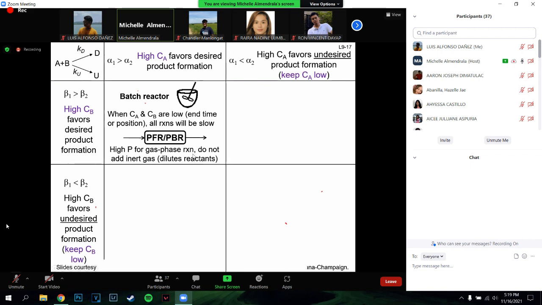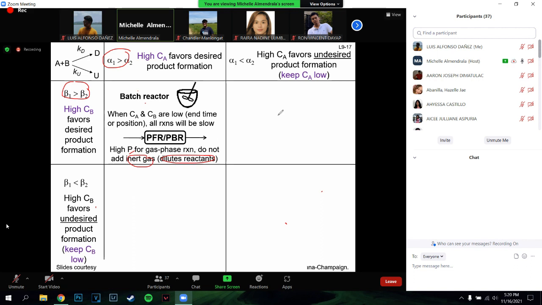You do not have to add an inert gas because it dilutes your reactant, since we want beta 1 greater than beta 2. This is part of the decision making when you're trying to design your reactor, so this is very important. For high pressure, you don't need to dilute your reactant by adding inert gas.